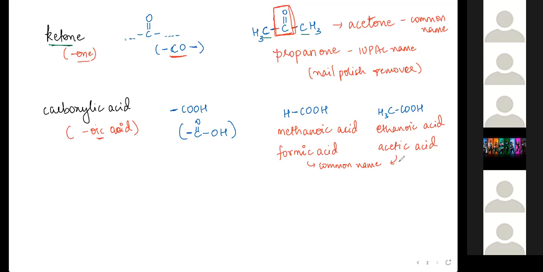Sometimes you add some chili to it, and there is rice wine vinegar that has a different flavor. So when the common name is asked, don't say vinegar. The common name is acetic acid.